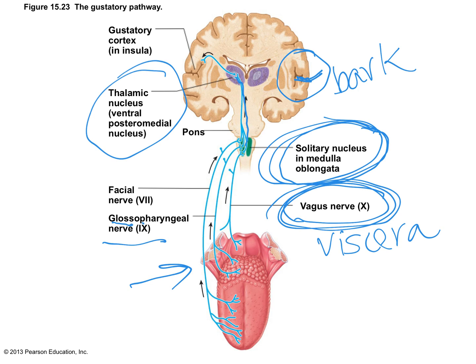Glosso is tongue, and pharyngeal means associated with the pharynx, so that open area in the back of the throat, the oropharynx. And then we have the facial nerve, cranial nerve 7, and the facial nerve is the front of the tongue, and that is more for articulation and speech. Other things that are associated with the face, talking, okay?